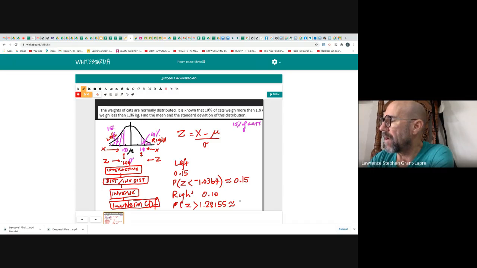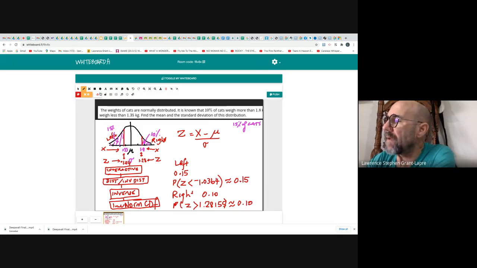So this Z value is 1.28. Everything to the right of a Z value of 1.28 will be 10%, and everything to the left of negative 1.04 will be 15%.